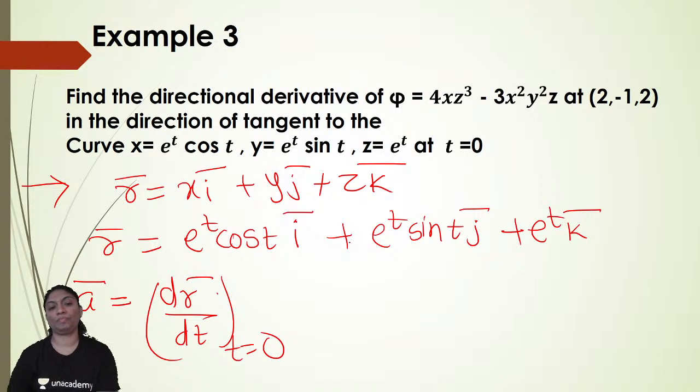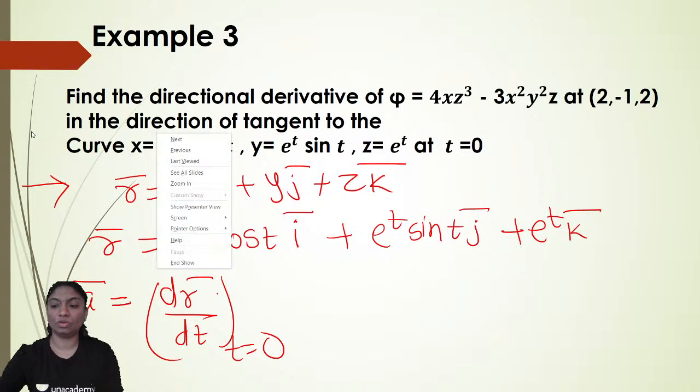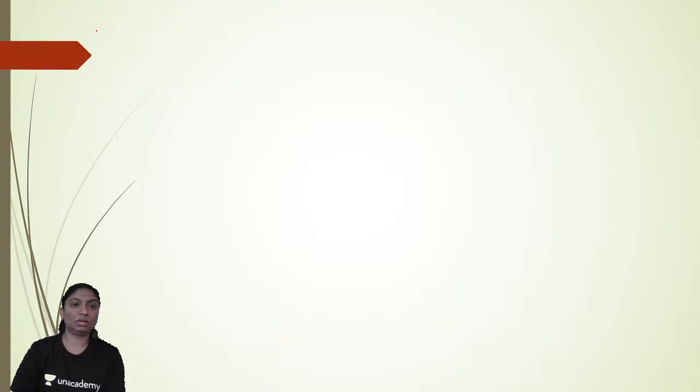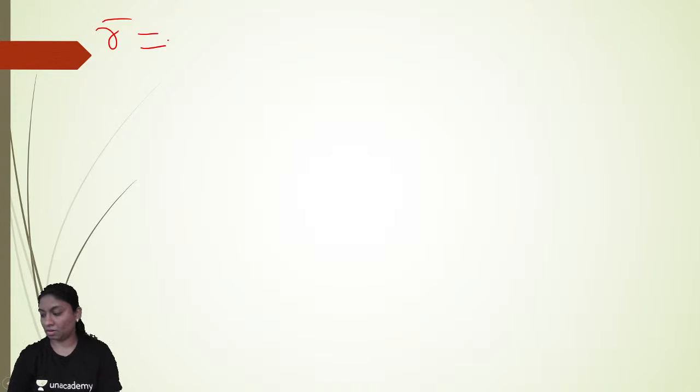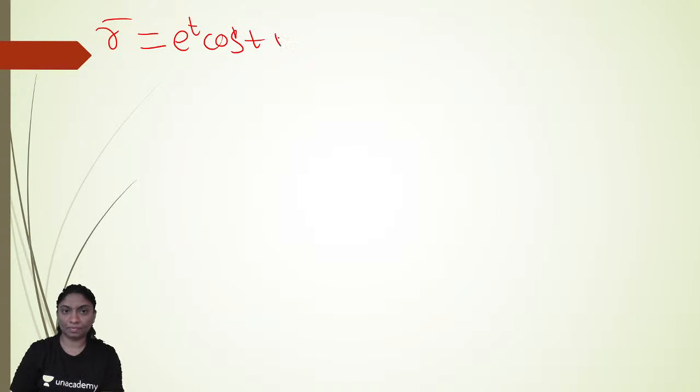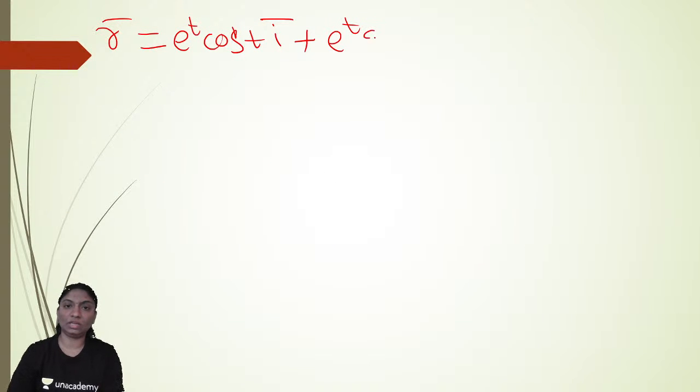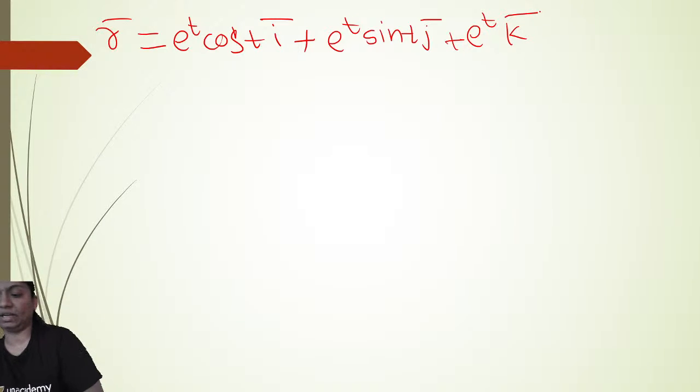So we will calculate dr bar by dt first. Your vector r bar is given: e raised to t cos t i bar plus e raised to t sin t j bar plus e raised to t k bar. This is your vector r bar.